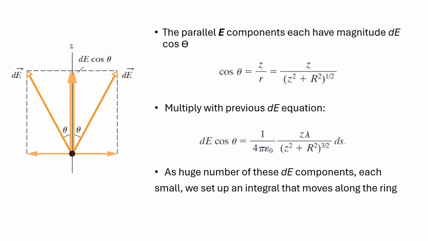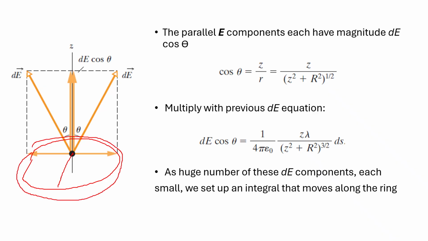Let's say from this electric field produced by this, you have the ring, then the charge produced from here. So it will form the differential electric field. Relative to Z axis, we have dE cos theta.